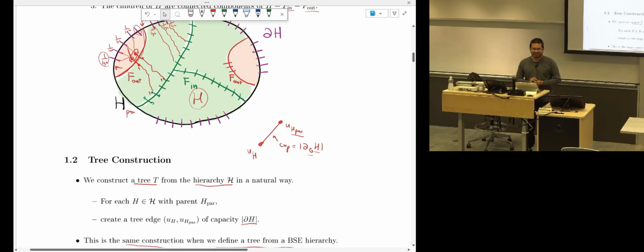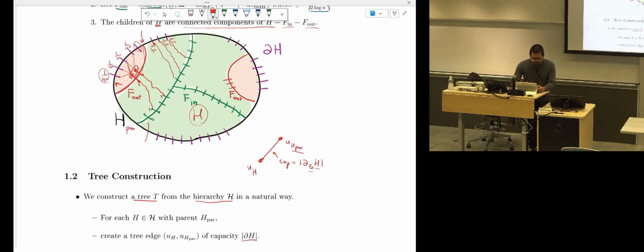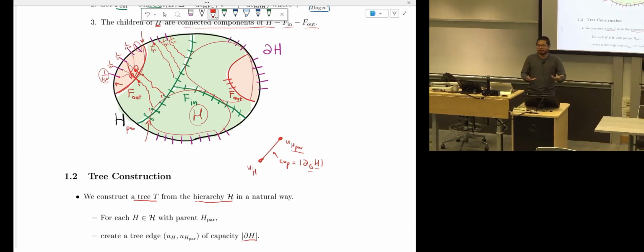Good. What's the depth of this tree? log n. Why? Because we're doing it with expanding balanced separators. Exactly. Even if we define the children only based on F in, it would be log n depth already, because every component that F in separates has size less than half.